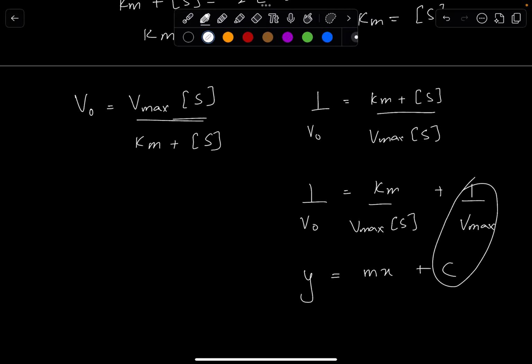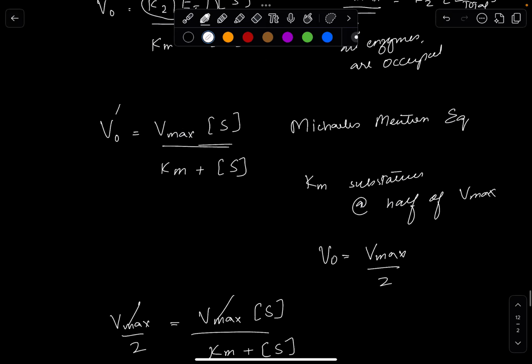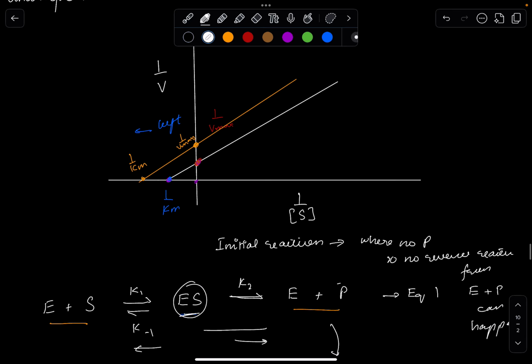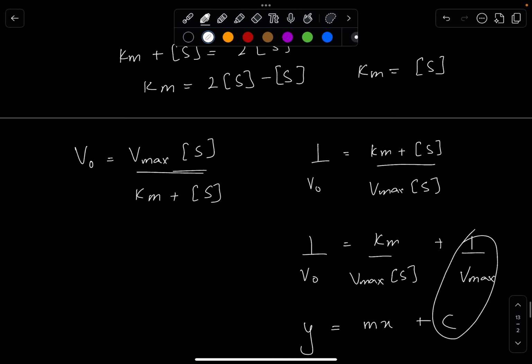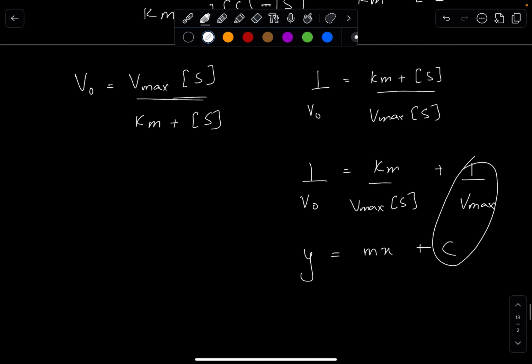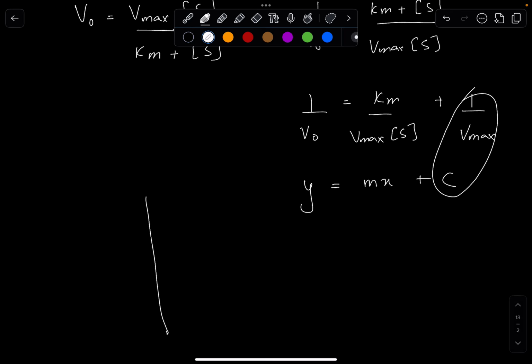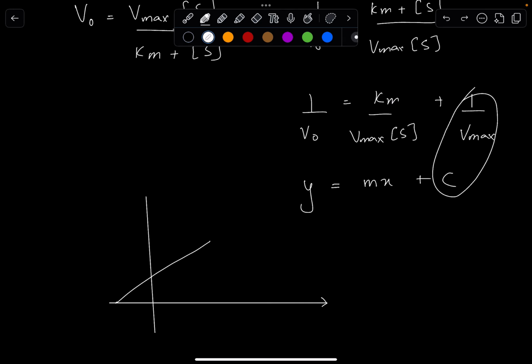Now, if I look at an equation of a straight line, y equals mx plus c, c being the y-intercept, we see that the y-intercept is 1 over Vmax. And we see that in this graph, the y-intercept is 1 over Vmax.